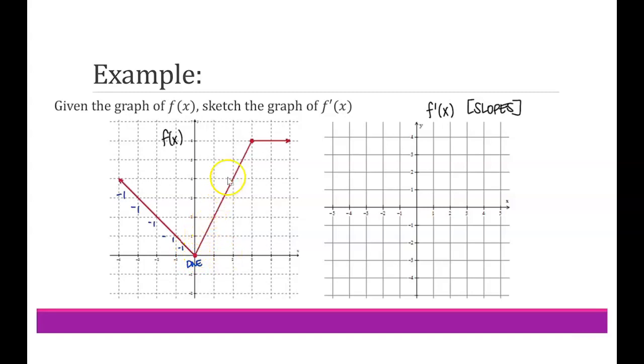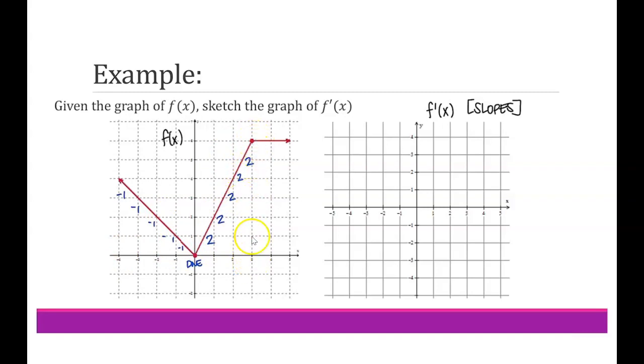I'm now on a new line segment where I can identify the slope. It's going to be a positive slope because it's an increasing piece of a function. I'm going to go up 2 units, right 1, up 2, right 1, up 2, right 1. So the slope of this line segment is 2. So next to that entire line segment, I'm going to write 2, 2, 2, 2, just to remind myself that's the slope.